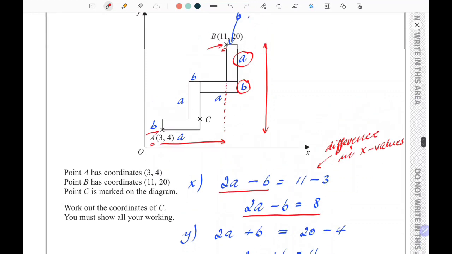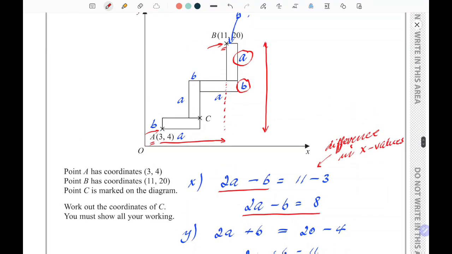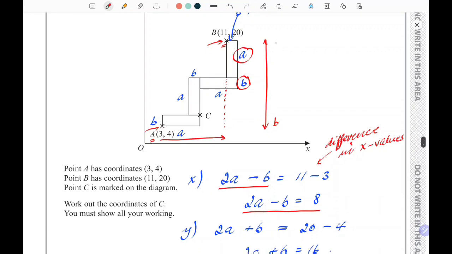Applying the same thing for the vertical, we know we've got a b at the bottom there, and then 2a's. There's an a there, and another a there.